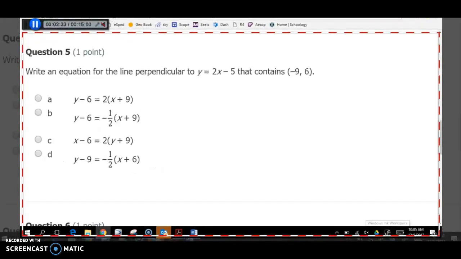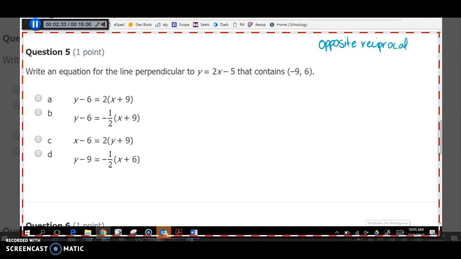Question 5. Write an equation for the line perpendicular to y equals 2x minus 5 that contains the point -9, 6. Okay. So remember that your slope for a perpendicular line is going to be the opposite reciprocal from your original equation.